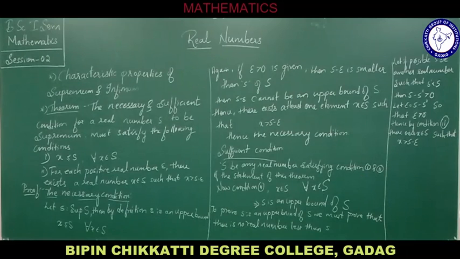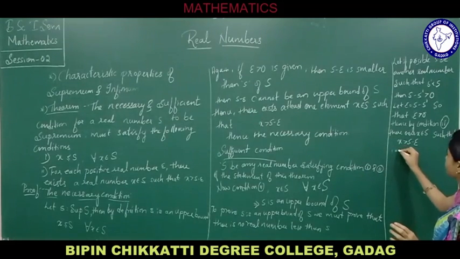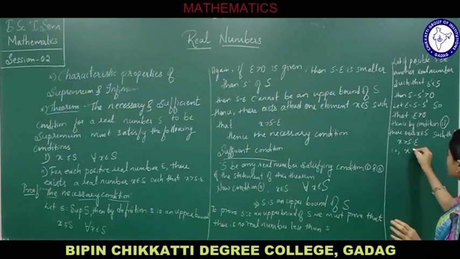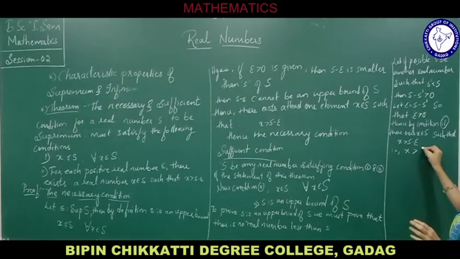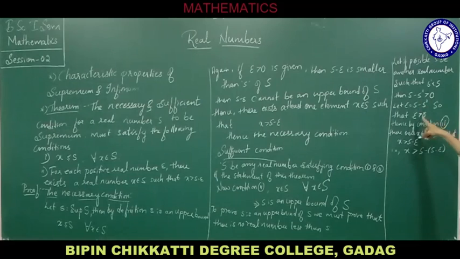If it is so, we are going to get x greater than s minus epsilon, because we got epsilon as s minus s dash.